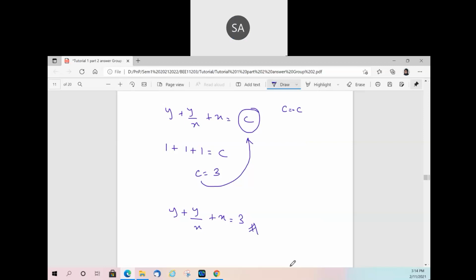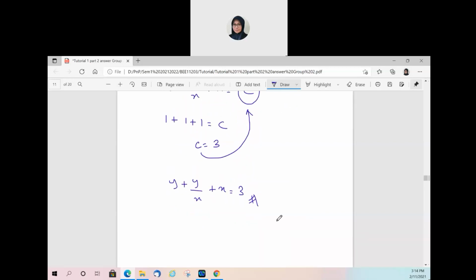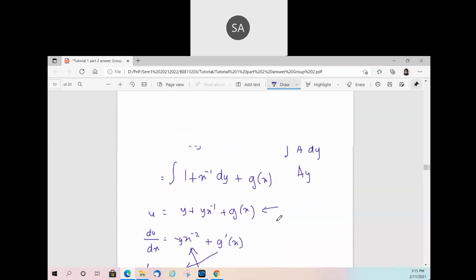Ada soalan? Tak ada. Okay. Kita habiskan dah sampai F boleh? Yang soalan A ni kena cari c kalau diberi initial condition macam ni.